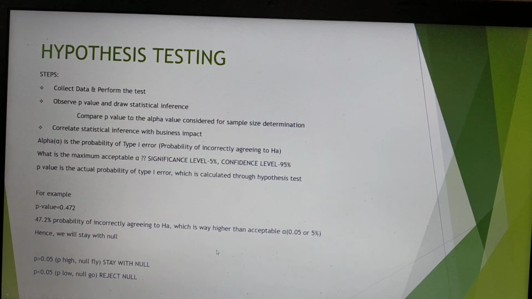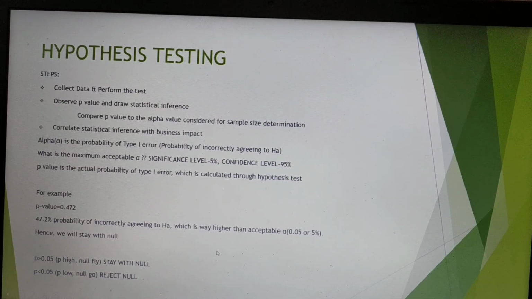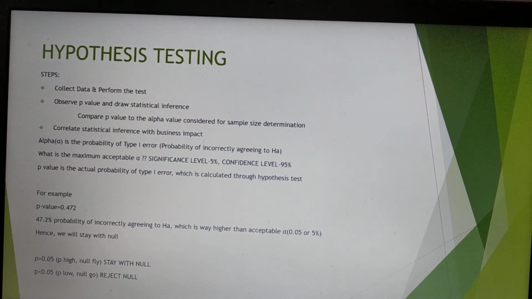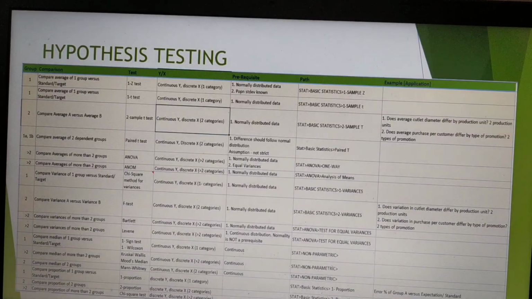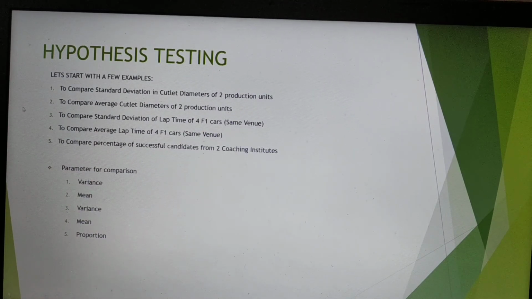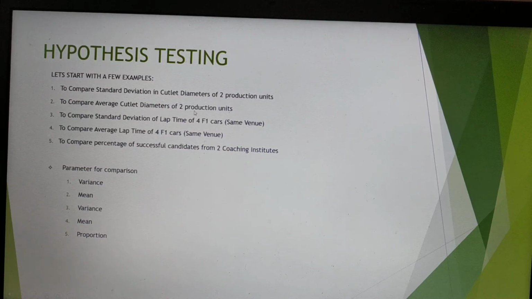So how to use this in a test? So we'll just go back. Here we had two examples: to compare standard deviation in cutlet diameter of 2 production units and to compare average cutlet diameters of 2 production units.